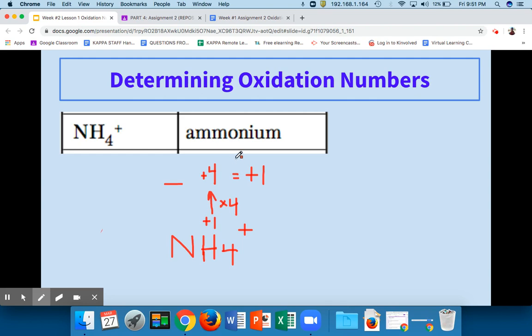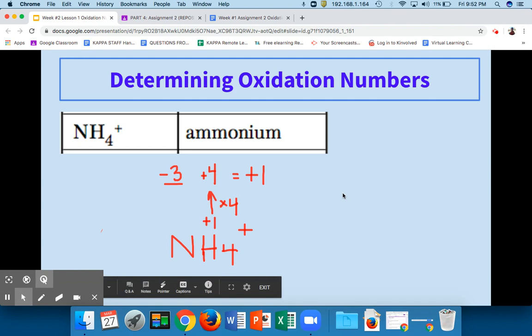So what must the charge of nitrogen be to give us a +1? Using algebra, I know that -3 will give me a +1. -3 plus 4 equals +1.